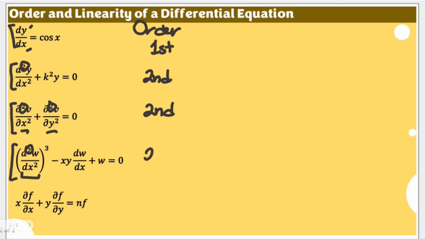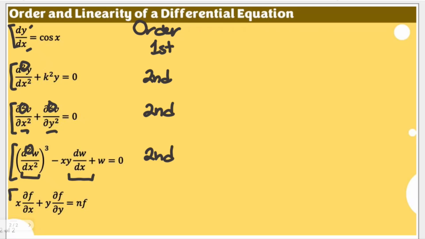No, it's still the second order differential equation here. It's still the second order derivative of w with respect to x, and of course this is 1. The larger between the two is 2, so that's the second order.